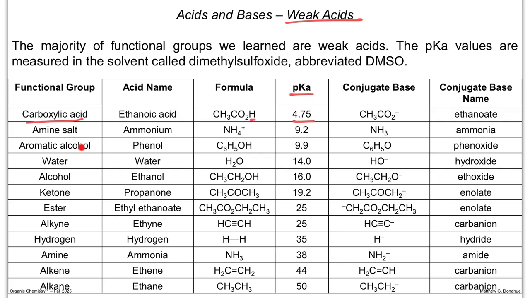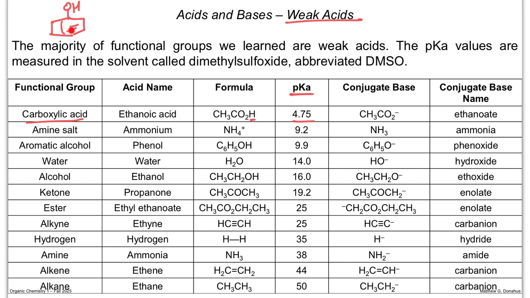the next one is an aromatic alcohol, and the compound is called phenol. So it's a benzene ring with an alcohol. I'll try to squeeze it in up here. So it's OH, and then the alcohol group is bonded to a benzene ring.